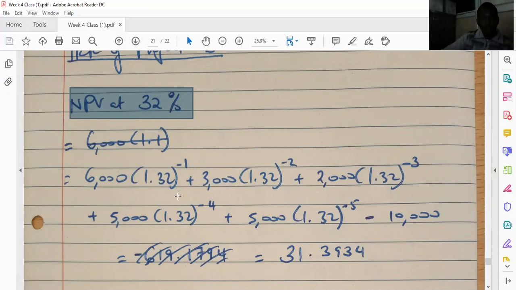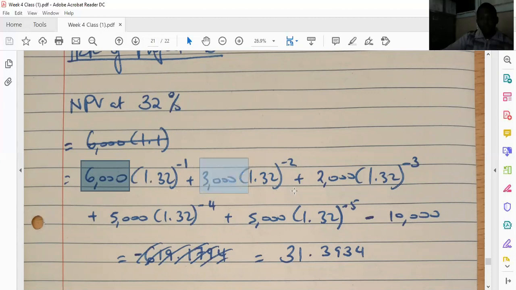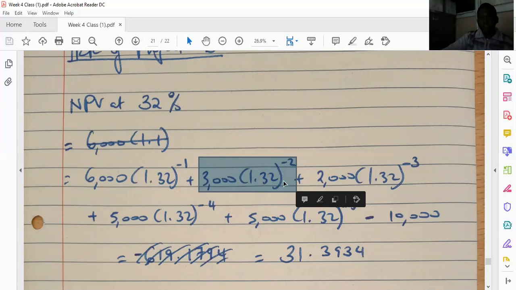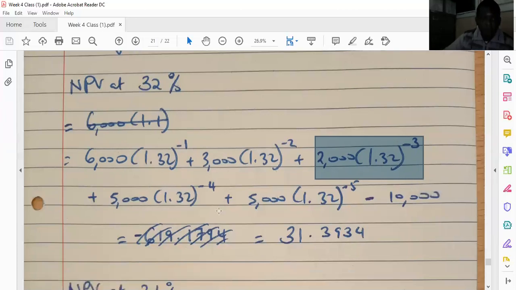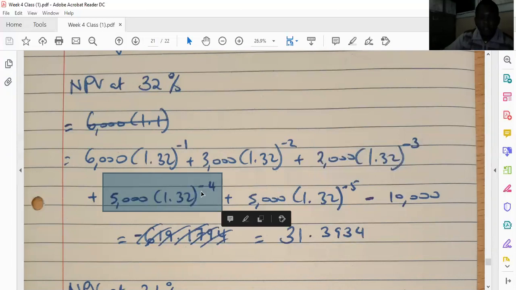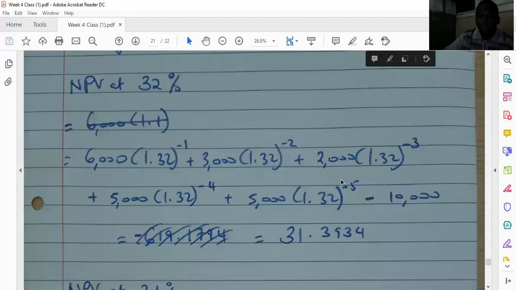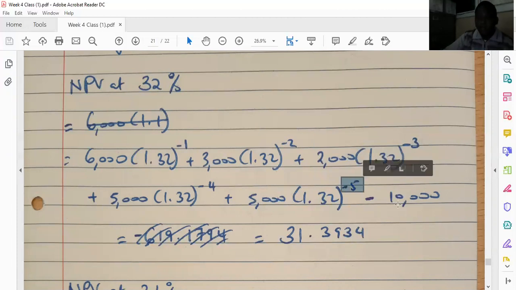In our case, for year 1, the cash flow was 6,000 shillings times 1.32 raised to the power of -1, plus the cash flow of year 2, that is 3,000 times 1.32 raised to the power of -2, plus the cash flow of year 3, that is 2,000 times 1.32 raised to the power of -3, plus the cash flow of year 4, 5,000 times 1.32 raised to the power of -4, plus the cash flow at year 5, that is 5,000 times 1.32 raised to the power of -5, minus the present value of cash outflow, that is 10,000 shillings.